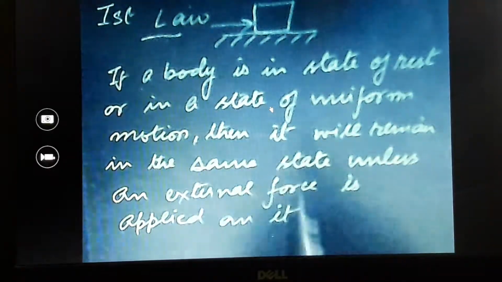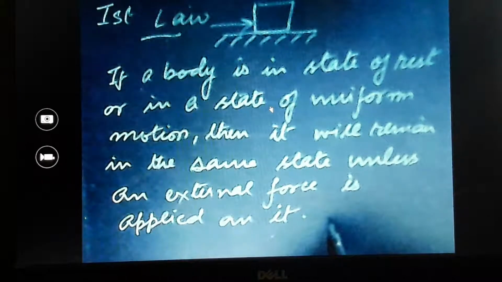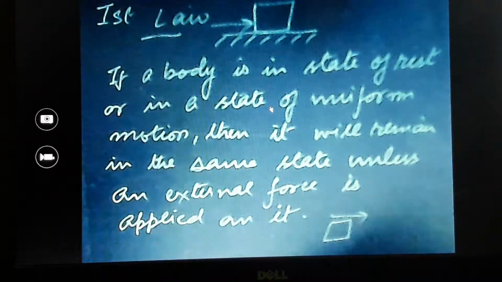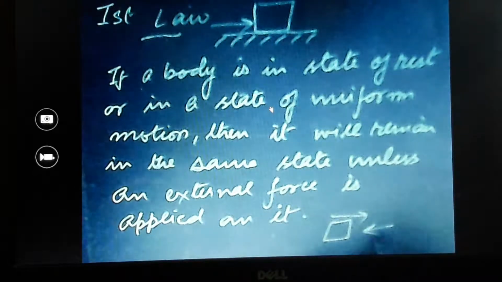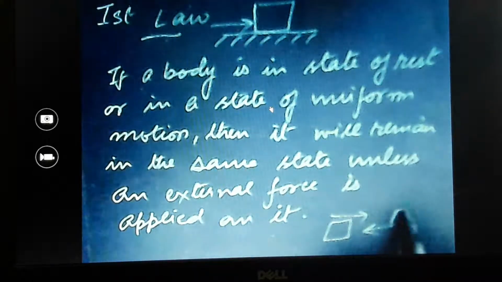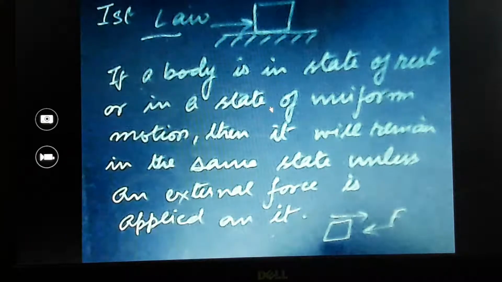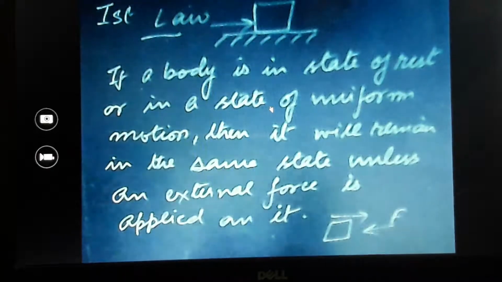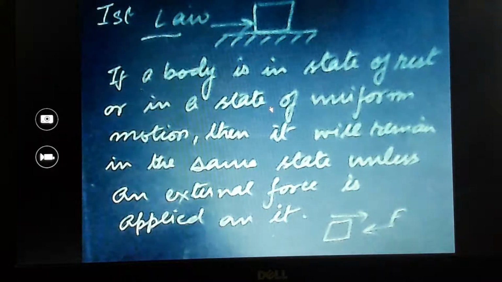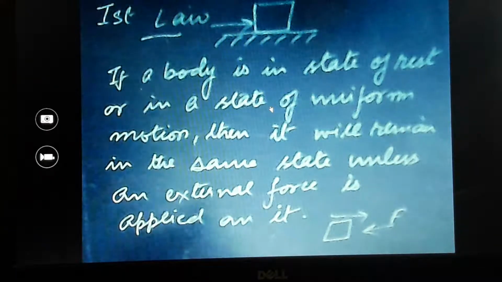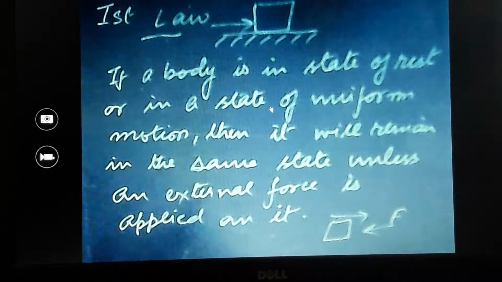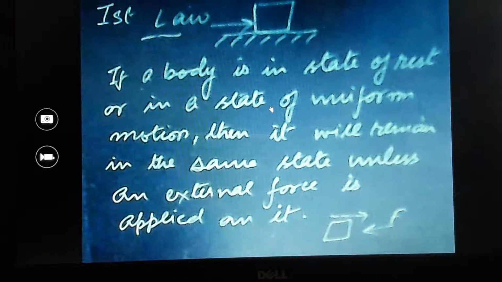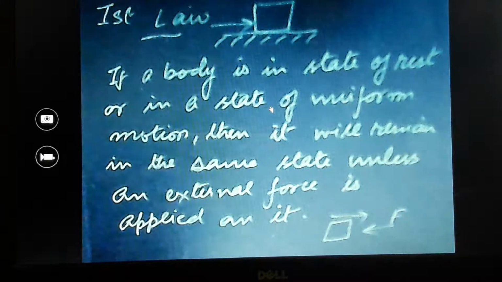Or if something is moving in one direction and you apply a force in the opposite direction, this body will gradually come to rest. So this is your first law of motion. That means if a body is in motion, it will remain in motion. If a body is at rest, it will remain at rest.